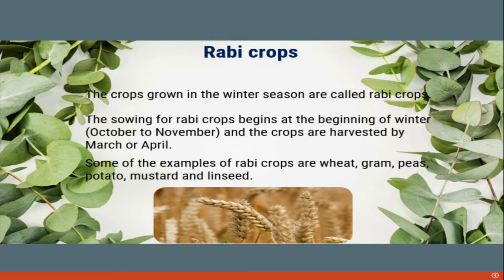Here we have some examples: wheat, gram, peas, potato, mustard, and linseed.